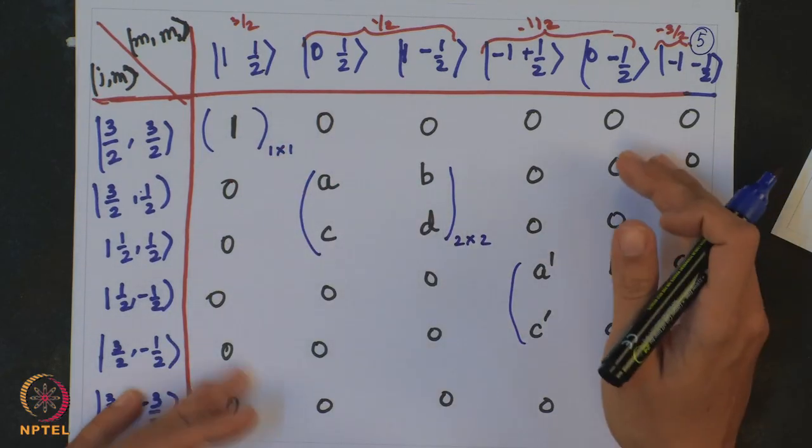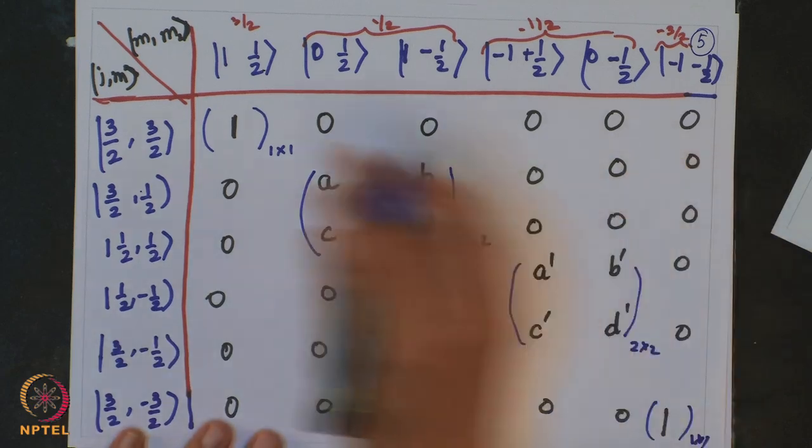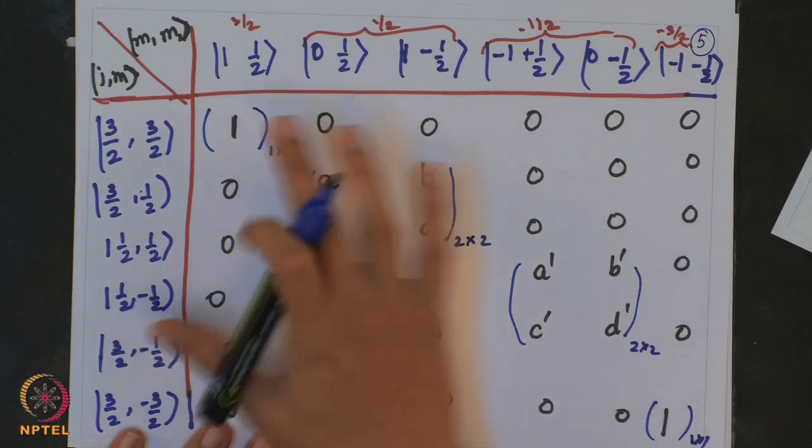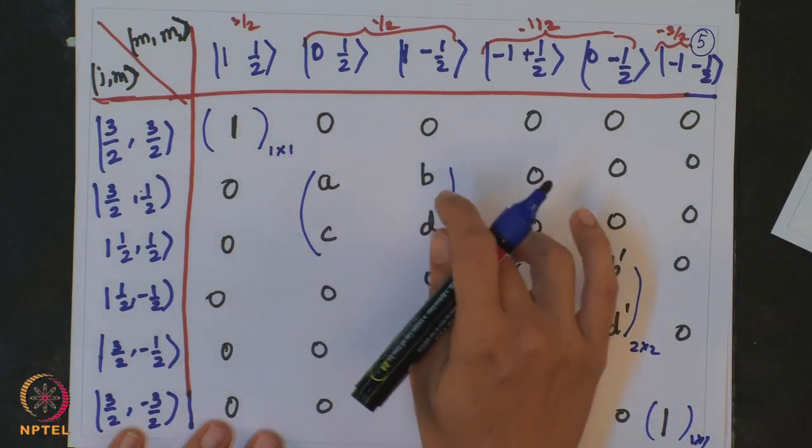So, it is a 6 by 6 matrix, and now you understand that you can first write the table and then evaluate these terms.